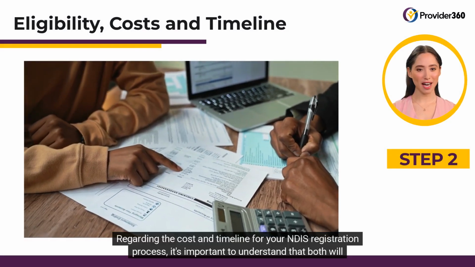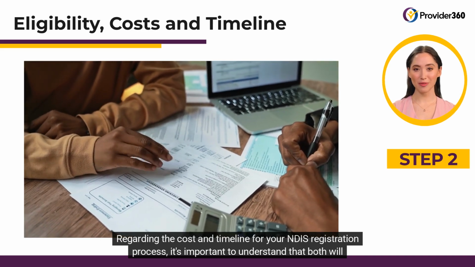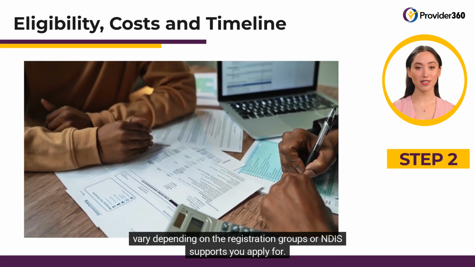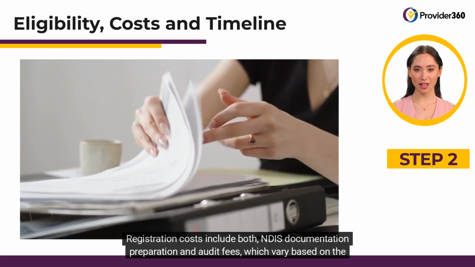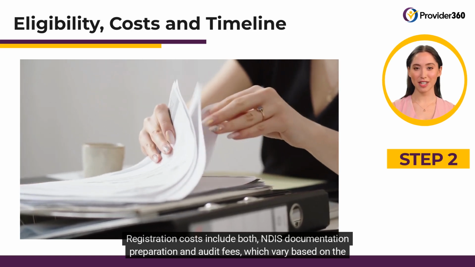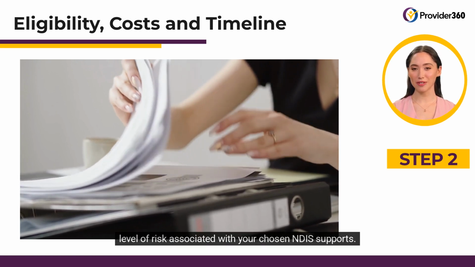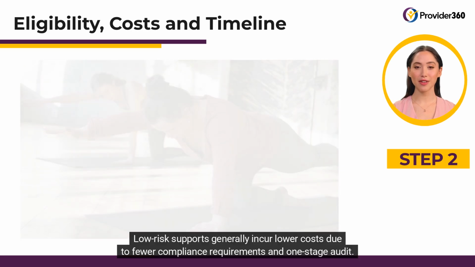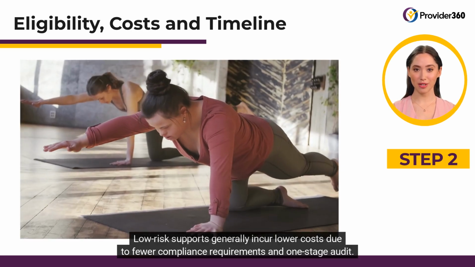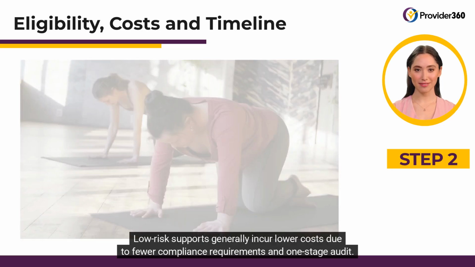Regarding the cost and timeline for your NDIS registration process, it's important to understand that both will vary depending on the registration groups or NDIS supports you apply for. Registration costs include both NDIS documentation preparation and audit fees, which vary based on the level of risk associated with your chosen NDIS supports. Low-risk supports generally incur lower costs due to fewer compliance requirements and one-stage audit.